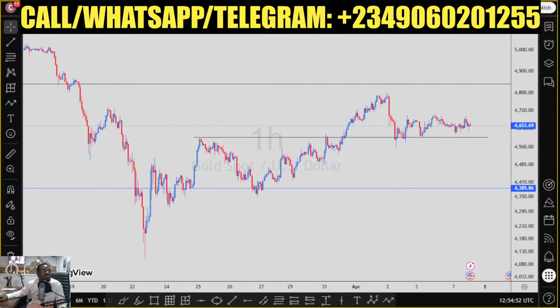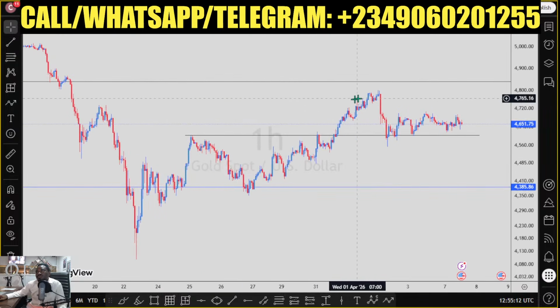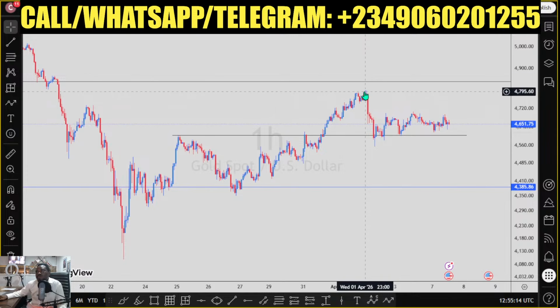You can see how those key levels kept on proving themselves to be relevant. So right now, we are waiting for possible buy side liquidity at the top or price crashing all the way down to our 4,385 or more lower.